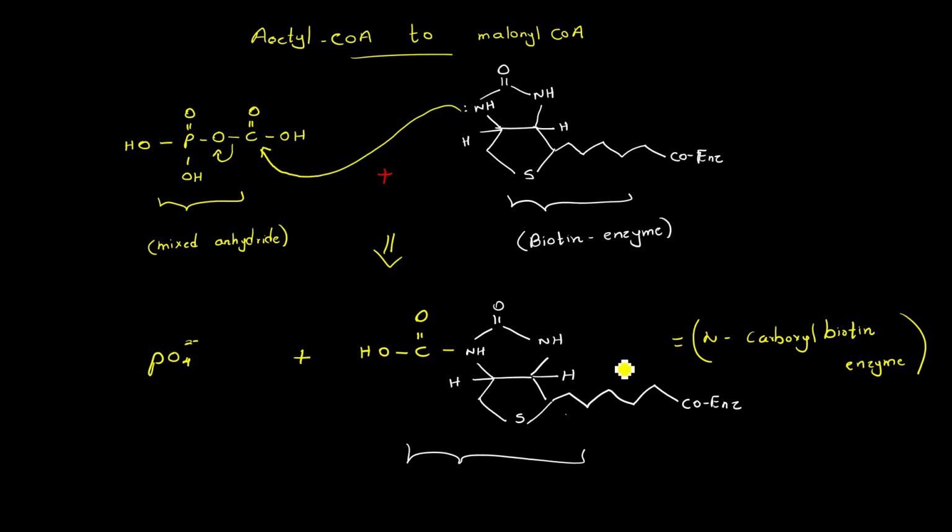Now we have acetyl coenzyme A. Our main goal is to form malonyl coenzyme A. What are our precursors? Acetyl coenzyme A is the main precursor. I hope you know the structure of acetyl coenzyme A. Here we have the coenzyme A part, and CH3.